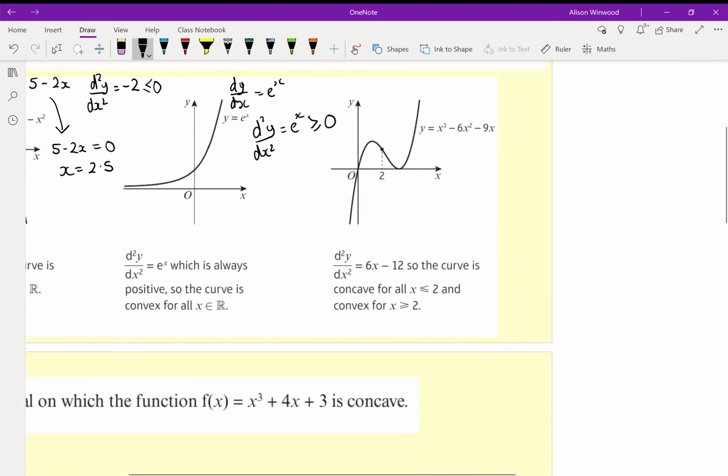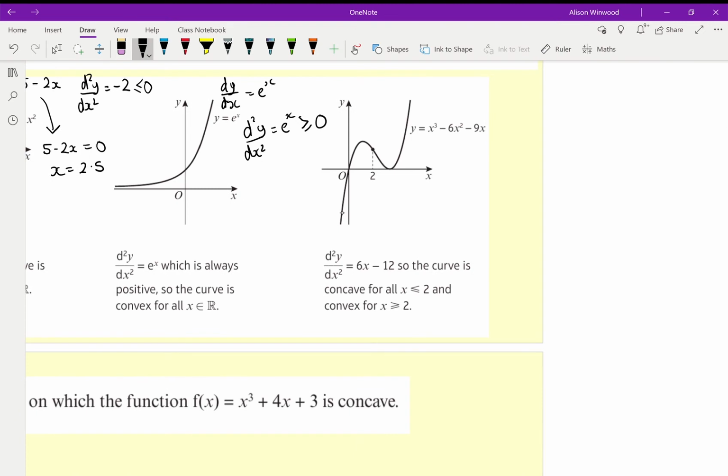For things like cubics, we have different conditions in different parts of the curve. So if we differentiate once, we get 3x squared, subtract 12x, subtract 9. And if we differentiate a second time, we get 6x subtract 12.